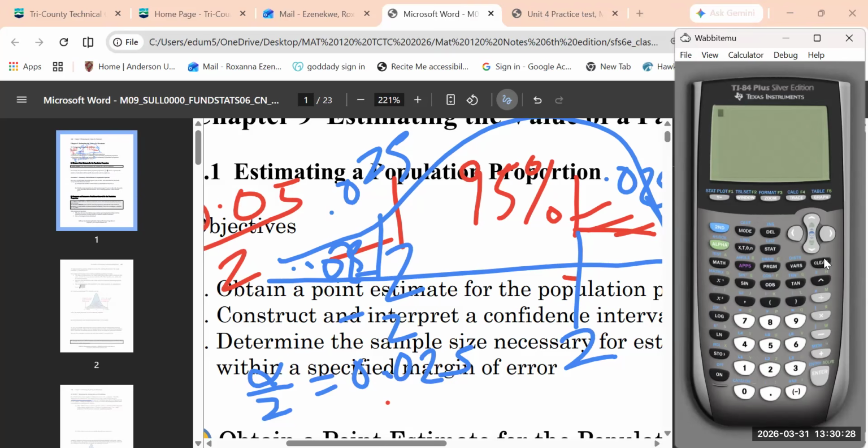Because this proportion question has passed the test for converting from binomial to normal. In other words, the variance is greater than or equal to 10. The sample size is less than 5% of the population.